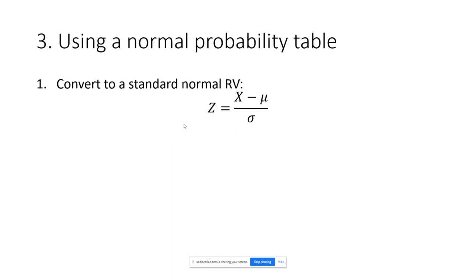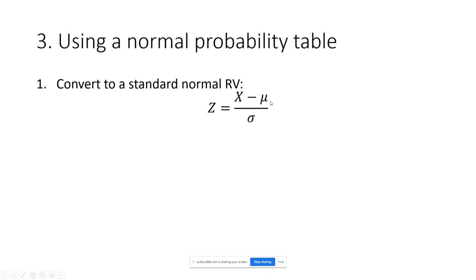So if you are planning on taking the actuarial exam P, you're probably wondering, wait a minute, on that exam I'm not going to be allowed to use R or a TI-83 calculator. What do I do? Well, the other way to compute probabilities from a normal distribution is using a normal probability table. So the first step is to convert your normally distributed random variable x to a standard normal random variable.